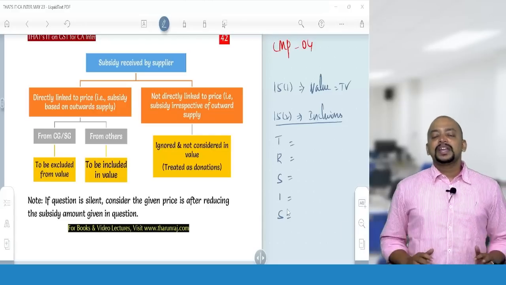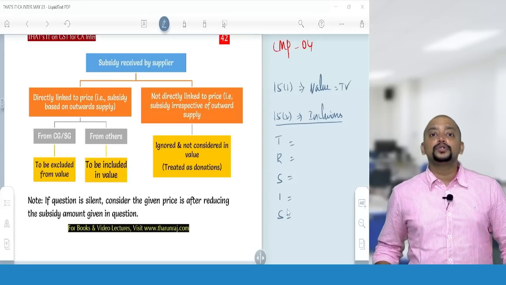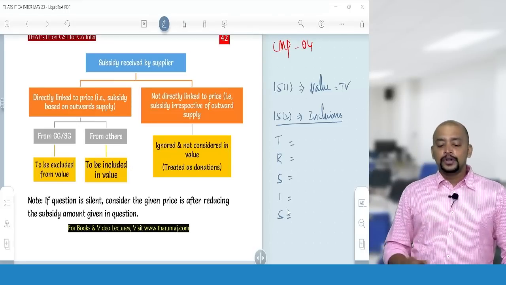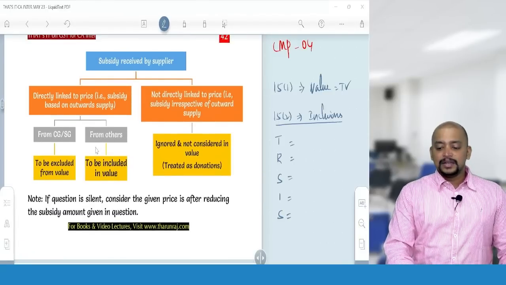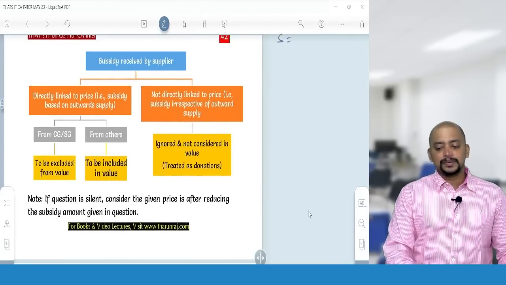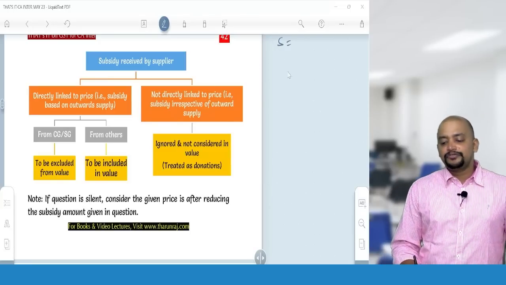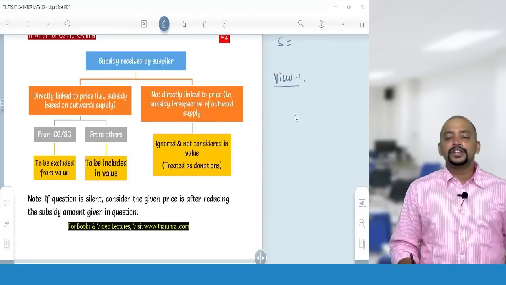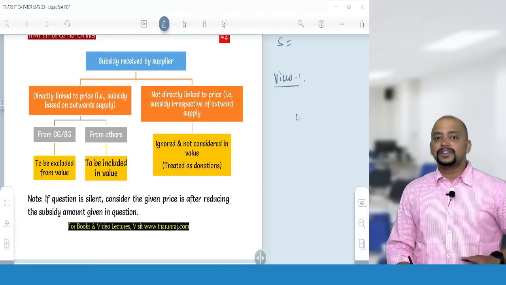Okay. Now in the exam, whenever they are giving the subsidy points, we have two views to be taken, either view 1 or view 2. What is that view 1 or view 2? We should consider whether the price is after considering subsidy or without considering subsidy. For example, view 1 says that you need to take the subsidy as reduced in arriving at the given price.